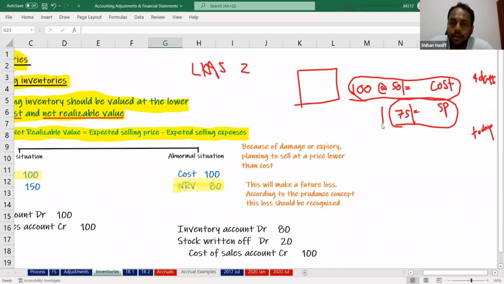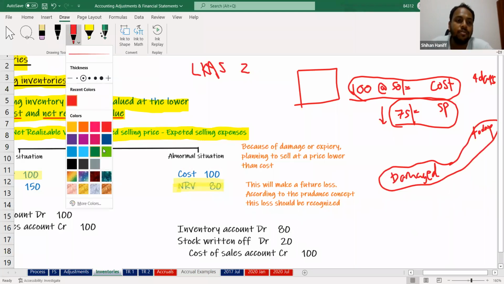You will reduce the price. Sometimes you can't sell because of damage, or because the expiry date is closer. So due to some reason, you can't sell this at the market price.